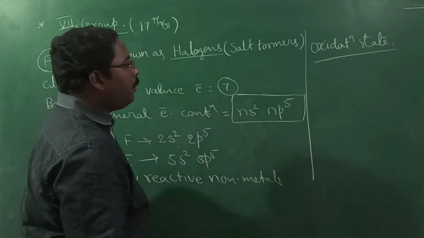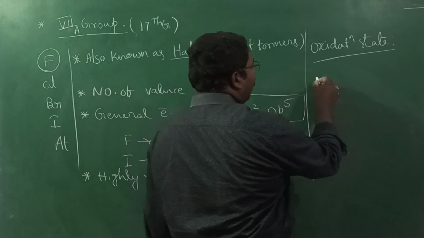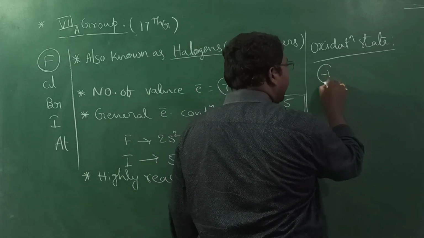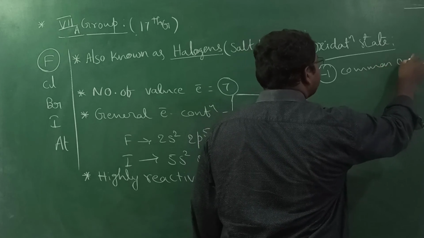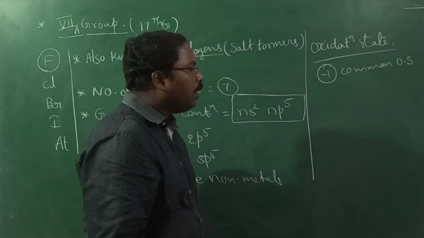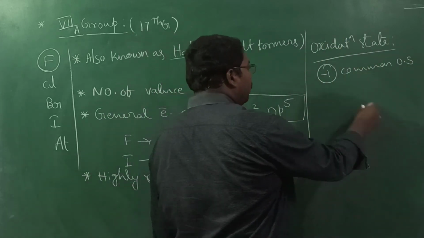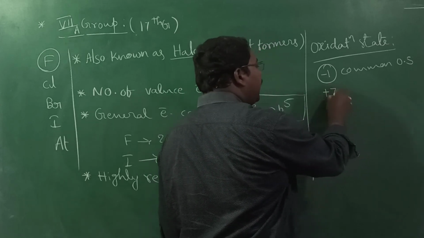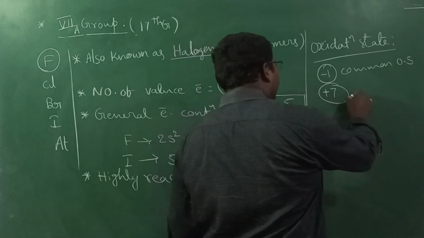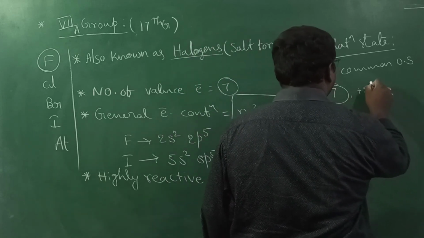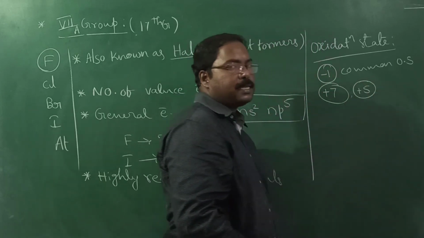Now coming to their oxidation state, all these exhibit -1 as their common oxidation state. But along with the -1, they have 7 electrons, so they can exhibit +7, as well as +5 oxidation states.